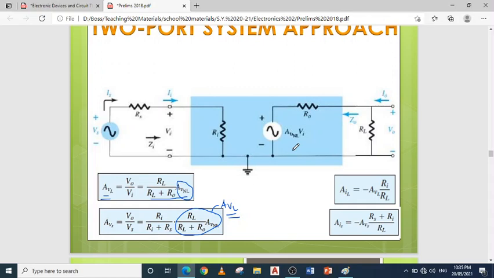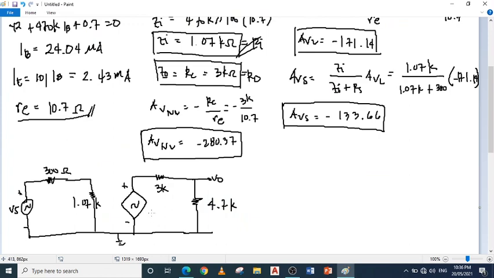And AVNL VI. Okay? Ayan. So, ito yung AVNL VI natin. AVNL. Ngayon, since known naman na to, which is itong 280.37, di ba? To solve for AVL, di ba parang nag-voltage divider lang tayo.